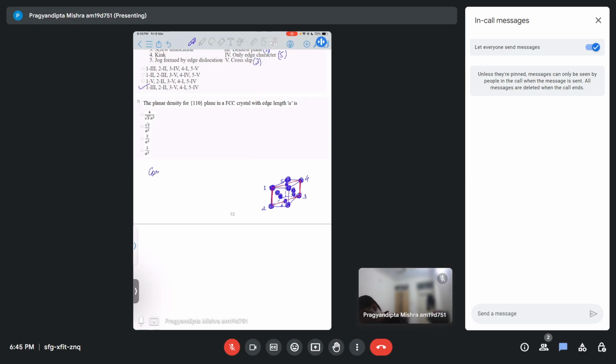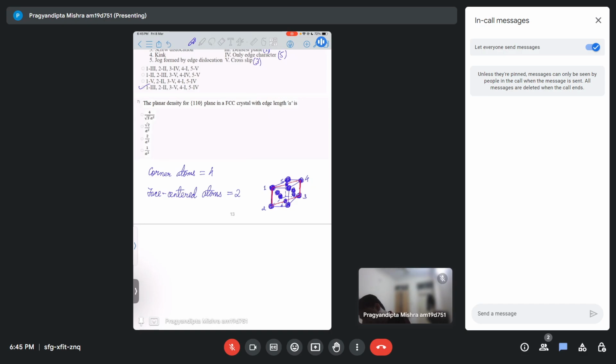So we have corner atoms equal to 4 and face centered atoms equal to 2. So essentially what is happening is 1/4 of every corner atom is present while half of every face centered atom is present, right?